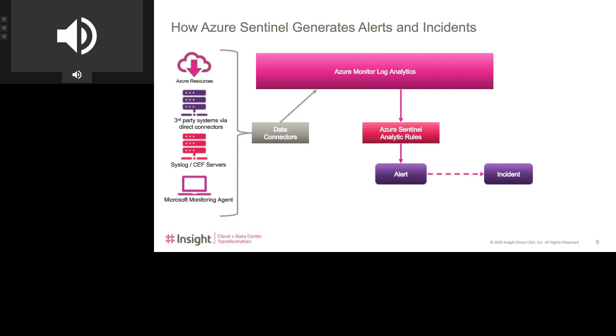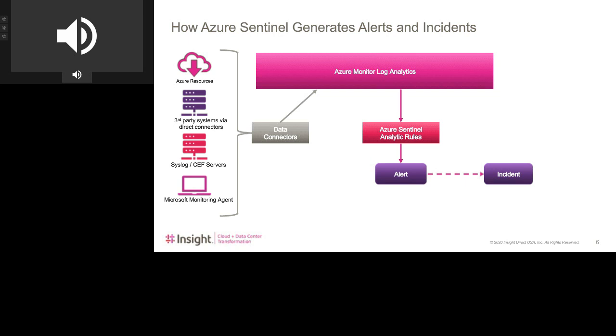You can get the information from Azure resources like virtual networks or VMs, and third-party systems. There are some connectors for Citrix and F5. Also, we have the syslog and CEF servers. If there's not a direct connection available, you can use those to get the information from your system. And you can also get information from the Microsoft monitoring agent running on your Windows and Linux servers.